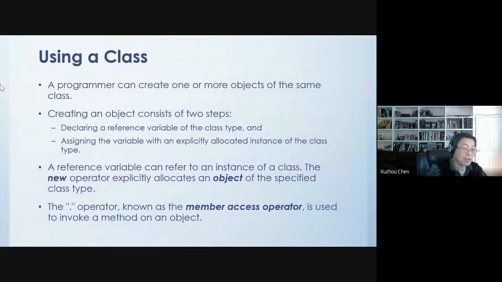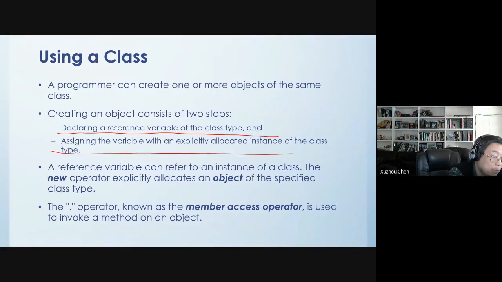Okay, so once we define the class, you can declare reference variables of the class type and assign them by explicitly allocating an instance of the class type. This reference variable can refer to the instance of a class, and the new operator explicitly allocates an object of the specified class.